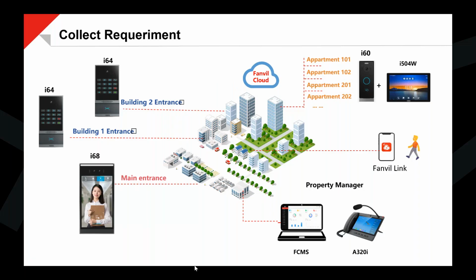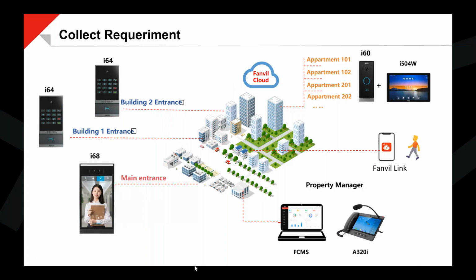And we have a property manager who has an account dedicated just for property management. So he can view logs and assign passwords. And the Fanvil Link app can be used by the homeowners to open the door, view the logs, and receive notifications if there is an emergency.